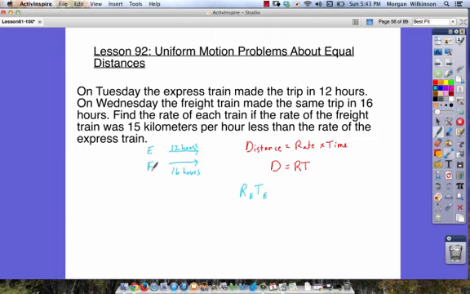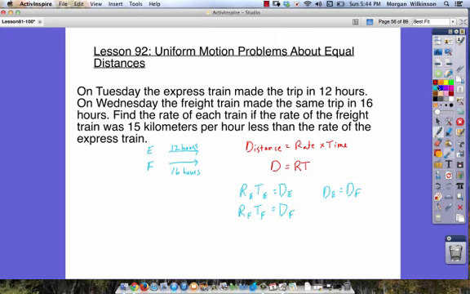If we also did that for our freight train, we could say the rate of the freight train times the time of the freight train is going to equal the distance of the freight train. Now in this problem, we've seen the distances already. They're the same. So the distance of the express train equals the distance of the freight train.